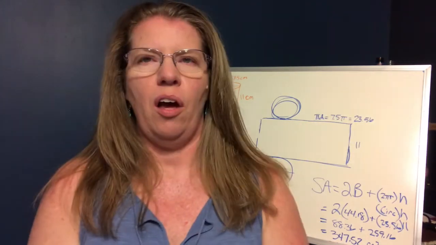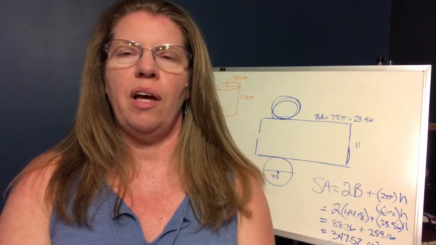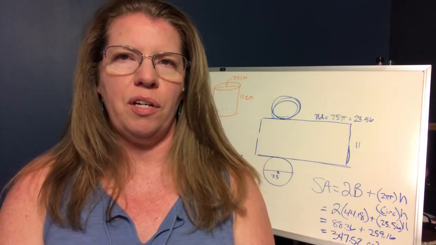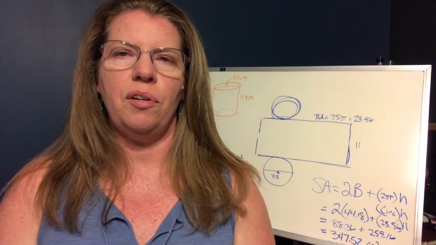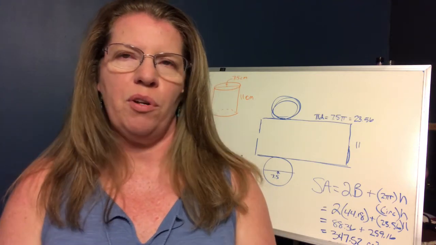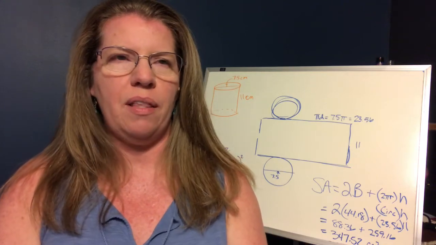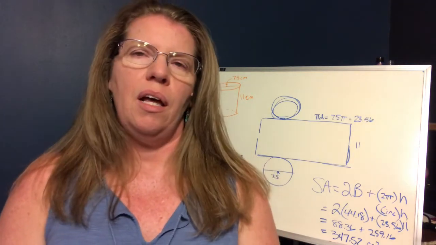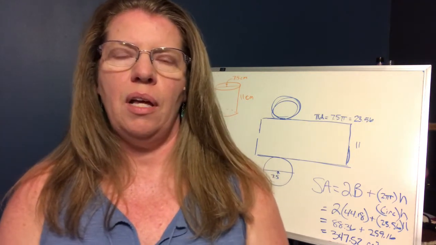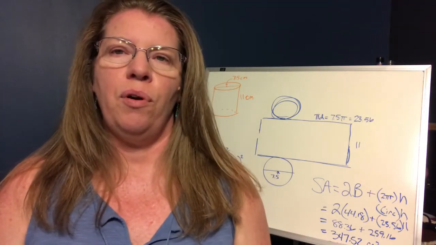Hopefully you have a better understanding of surface area with prisms and cylinders. Give them a try. I know sometimes they take a little while, but hopefully I didn't give you too many this time. Then we'll go over them the next day in your Zoom class.